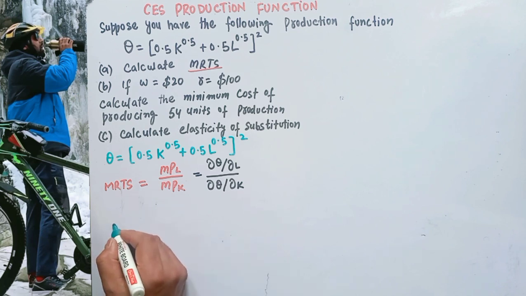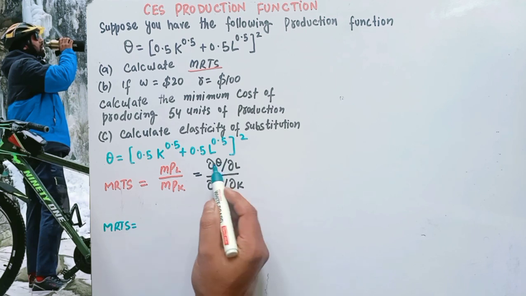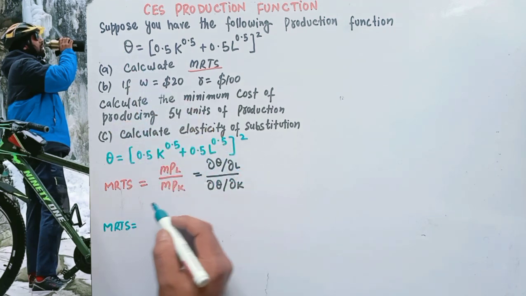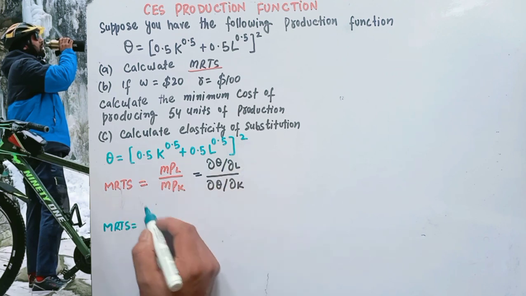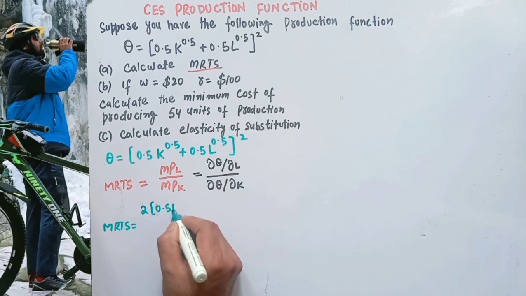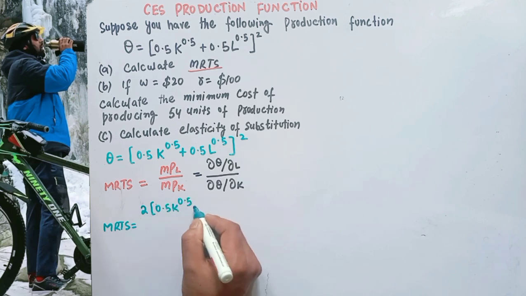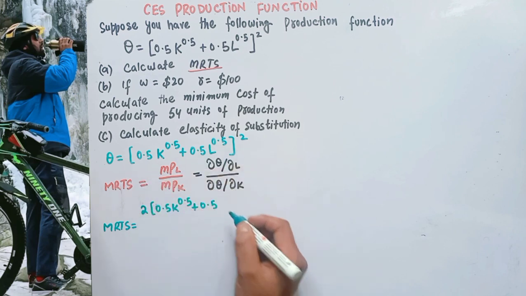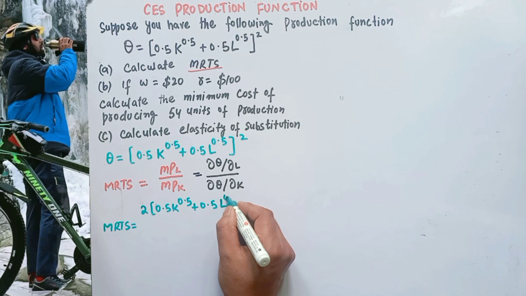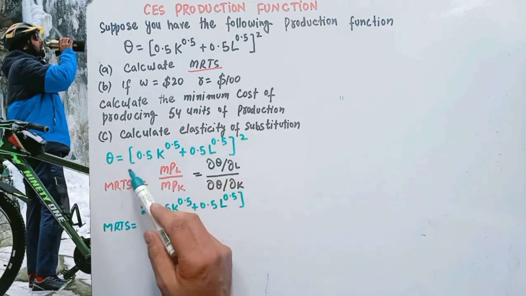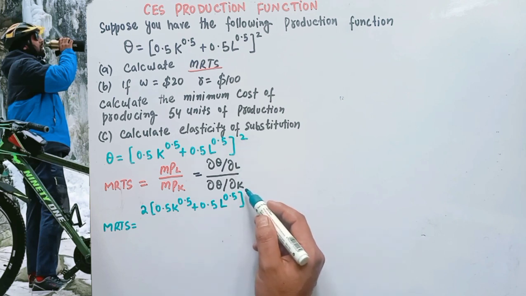MRTS will be equal to, now dQ upon dL, taking the derivative of our production function with respect to L. So we have here, this 2 becomes the coefficient, we have 2 times (0.5 K to the power 0.5 plus 0.5 L to the power 0.5). We are using the power function rule first, so 2 becomes the coefficient and 2 is subtracted by 1, so it will remain 1.